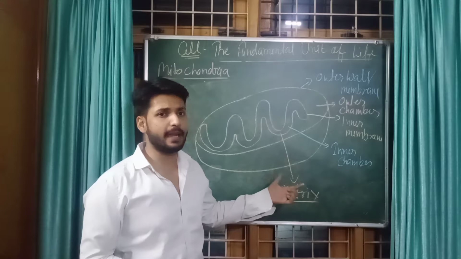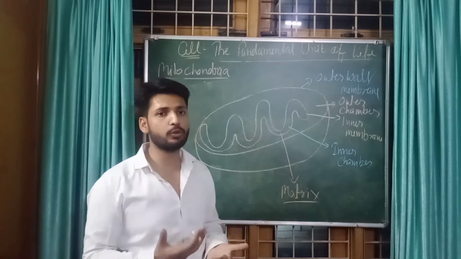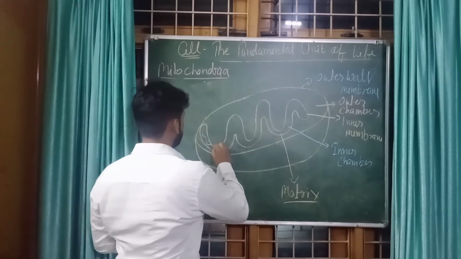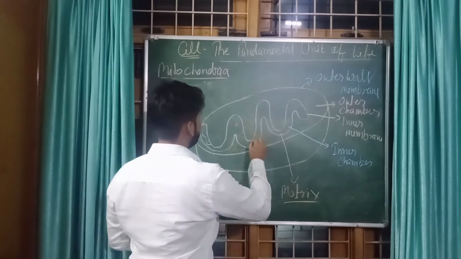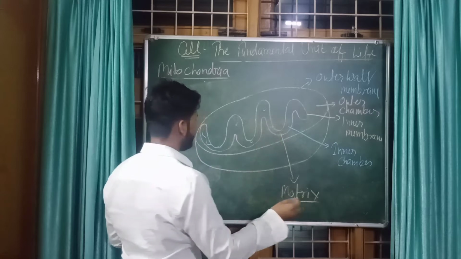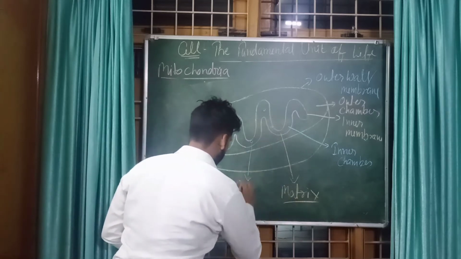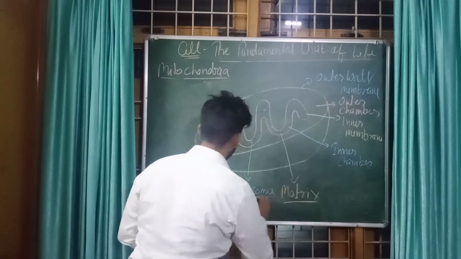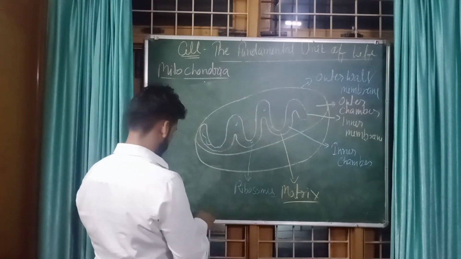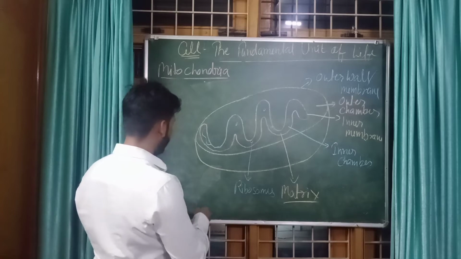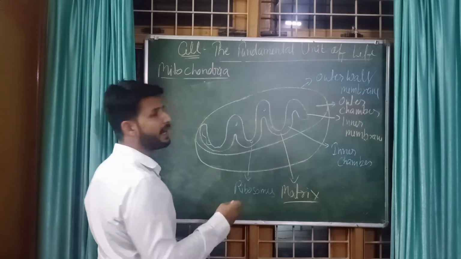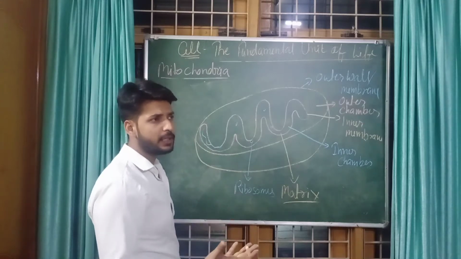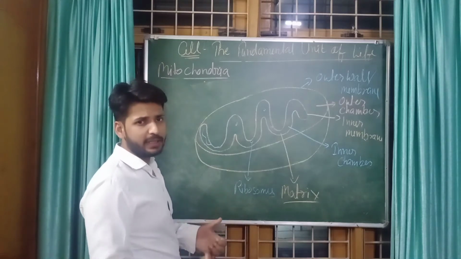It synthesizes its own protein, and it has its own genetic material, or DNA. You can see this is genetic material, and these are ribosomes present inside it. It is a self-autonomous organelle, and its DNA is also self-autonomous, that is, it can replicate on its own.